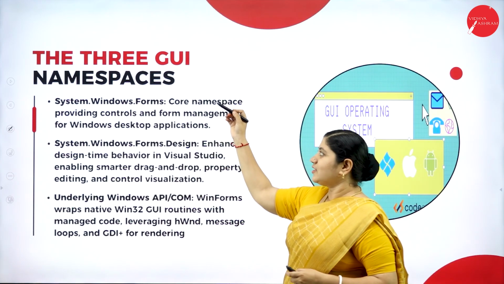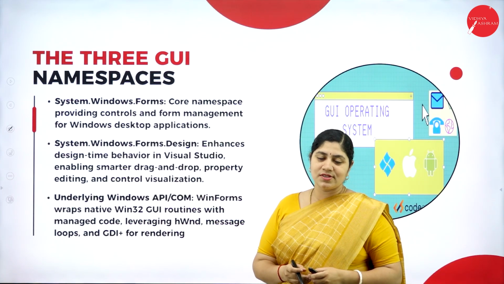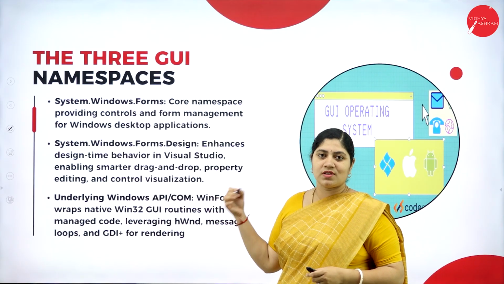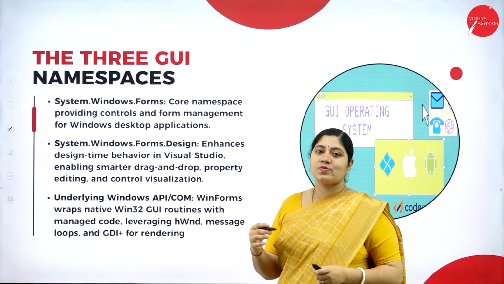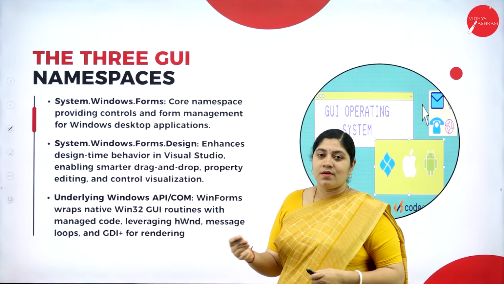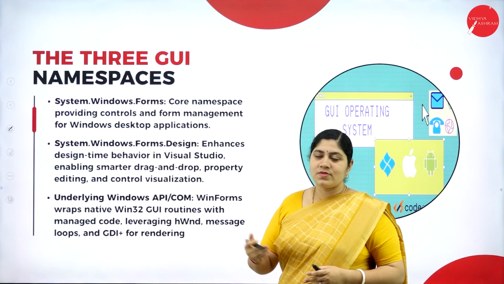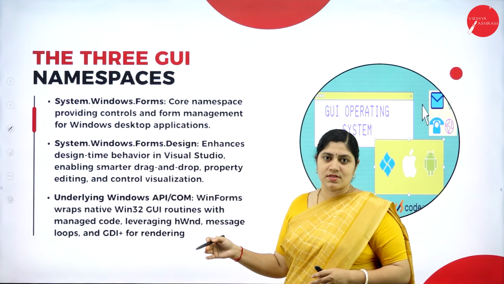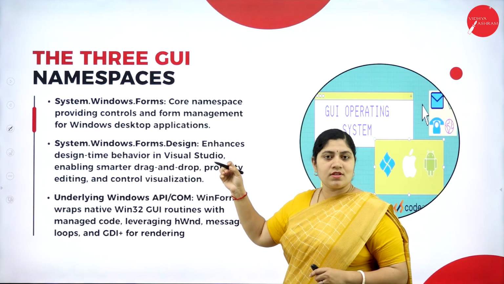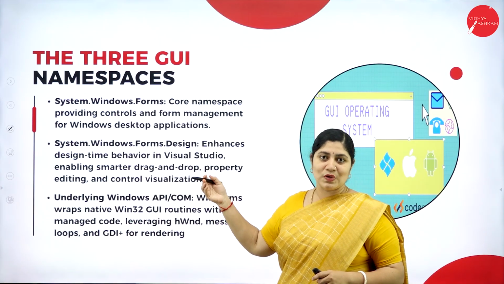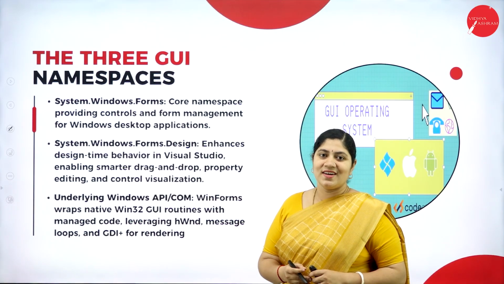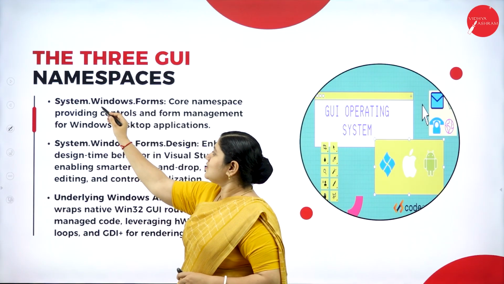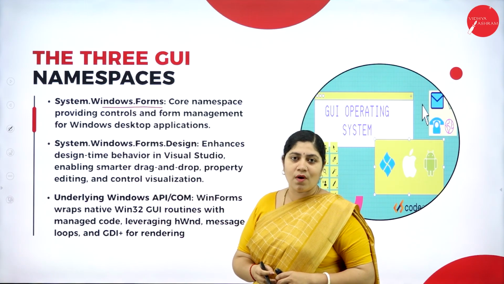Over here, the 3 GUI namespaces. This is very important from the exam point of view as well as for dealing with Windows forms, because whenever we are dealing with forms, we need these namespaces. We will be using either of these, or we might also use all of them together. The first one is System.Windows.Forms.